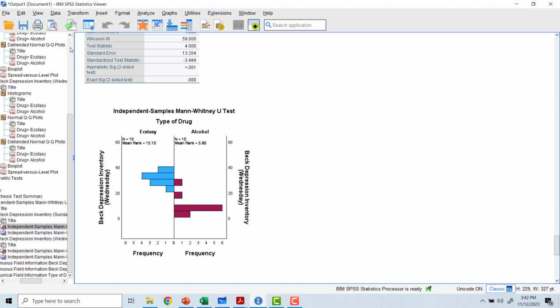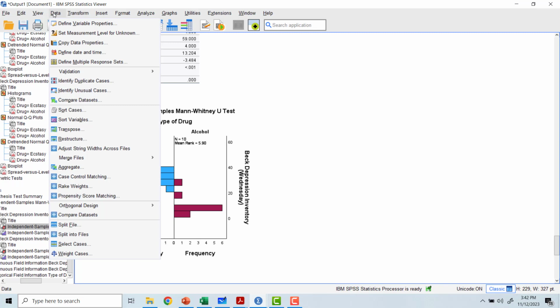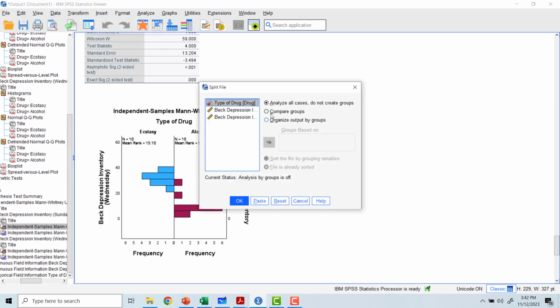This was a little bit more difficult, because to split and get two different tests, we go to Data, Split File, and organize output by drug groups, on the type of drug. If we didn't do this, we would just get one Wilcoxon signed rank test for all 20 observations, Wednesday versus Sunday.